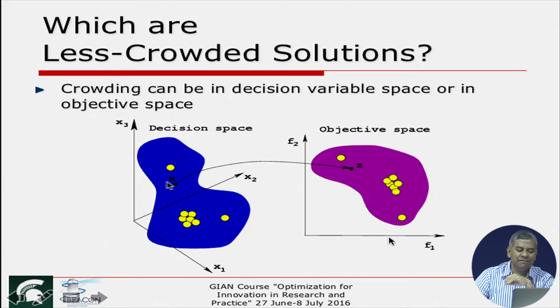If you maintain diversity in this space, this is the decision variable space, the x1, x2 space, the solutions that we'll get here will look completely different, because x comes up with the phenotype of the solution, how it will look eventually. So they will look completely different from each other. You'll make sure that happens.